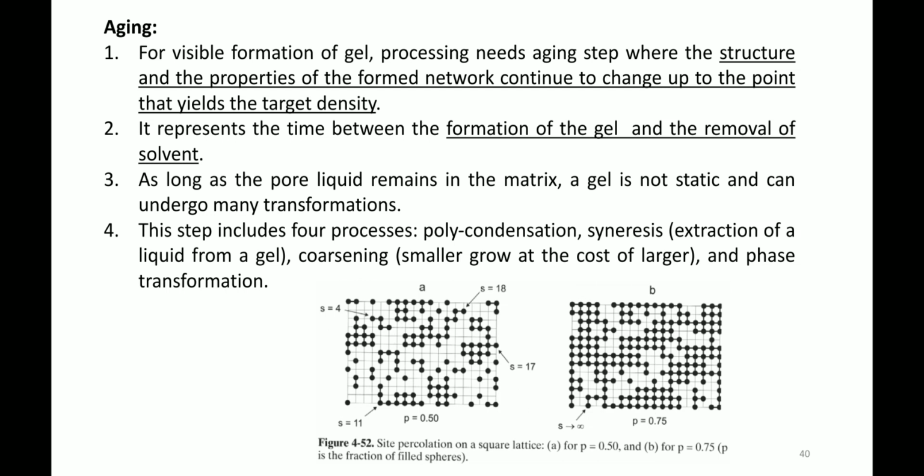So all these processes are happening in the aging step. You have to give a sufficient amount of time for this aging process in order to get a better result.